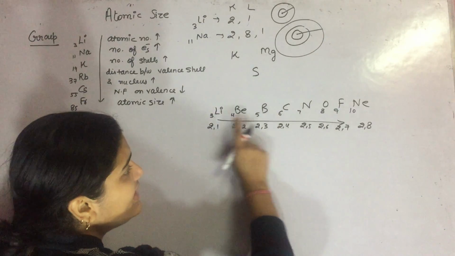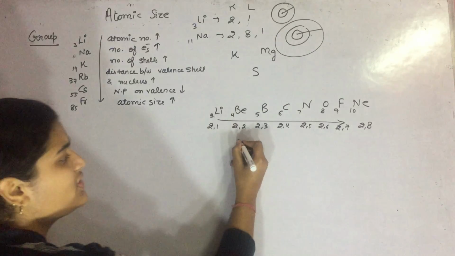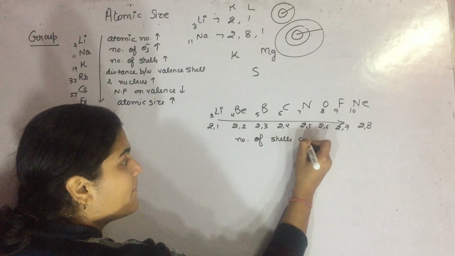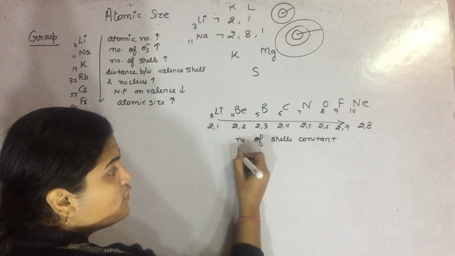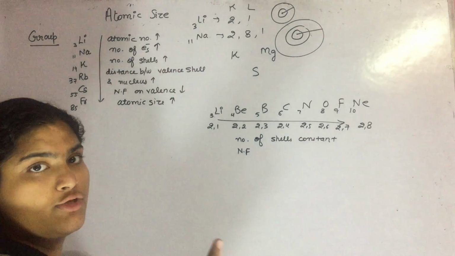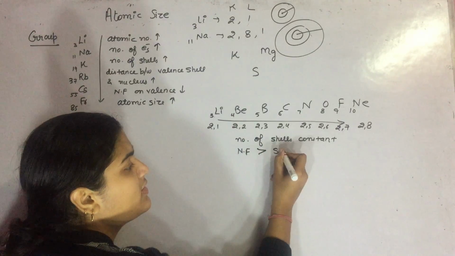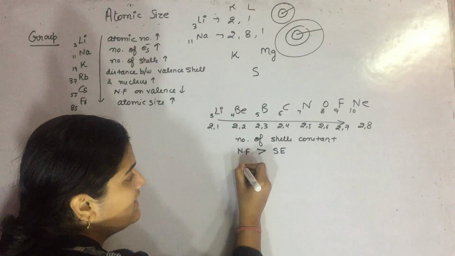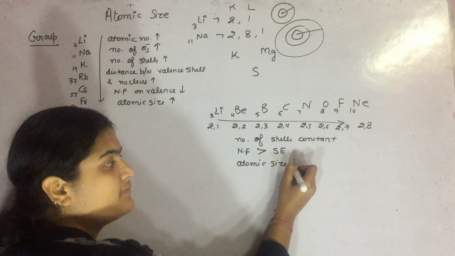The atomic number increases slightly, but the number of shells remains constant. So the nuclear force on the valence shell increases over the shell effect, which will decrease the atomic size. I hope you get it.